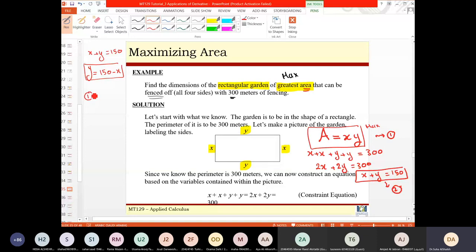Step number 1, the area will be equal to x times y, which is x times 150 minus x. So my area is equal to 150x minus x squared.